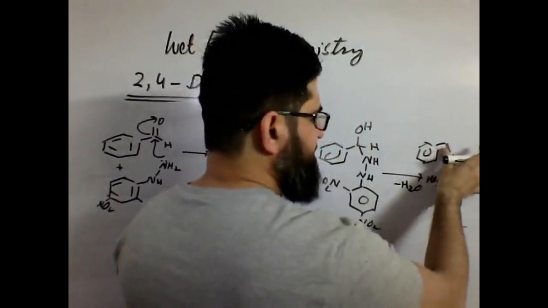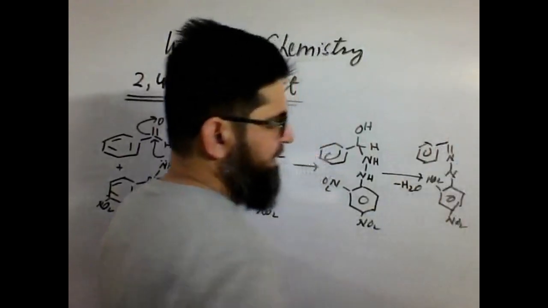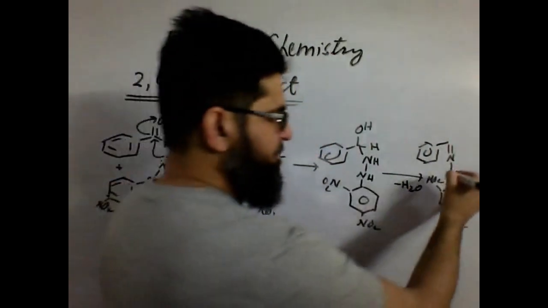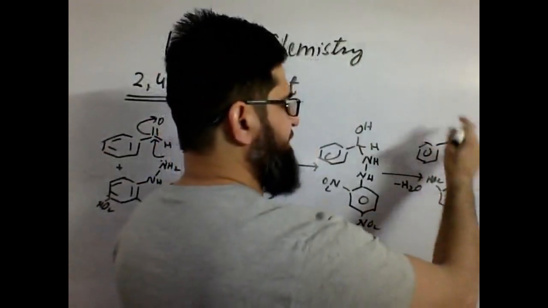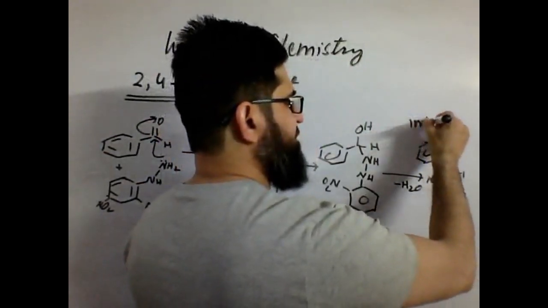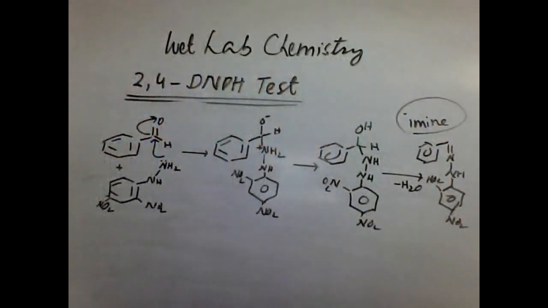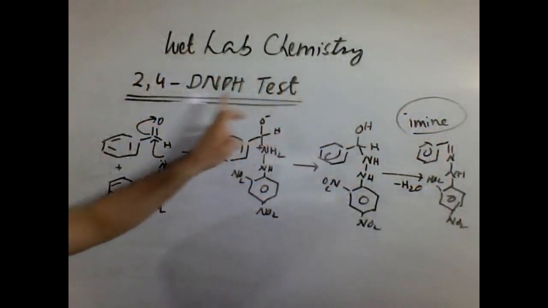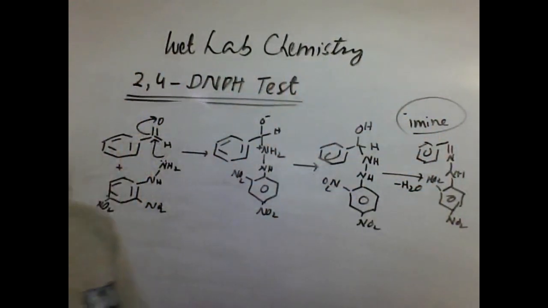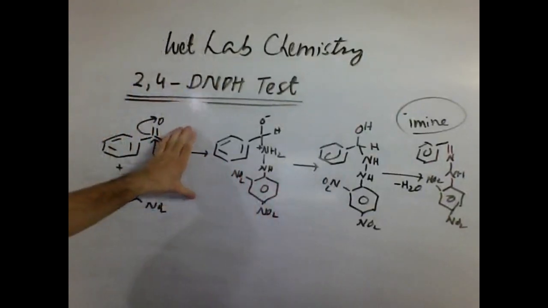So there is a double bond between this carbon and the nitrogen, which is in fact considered as imine. So imine formation will happen, a corresponding imine starting from the benzaldehyde. This is how the product is supposed to look.